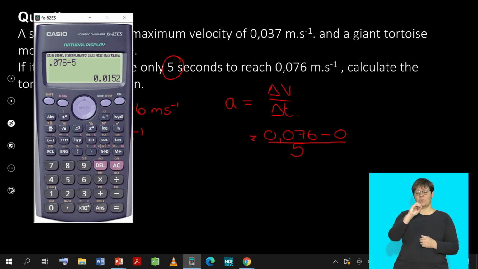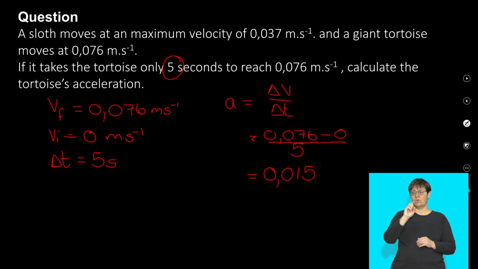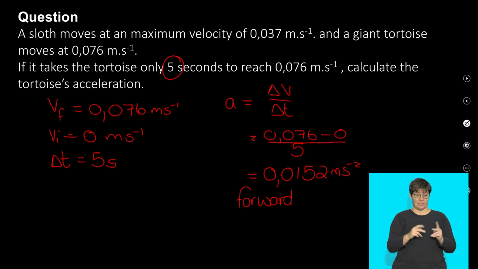And we get 0,0152. I'm just going to keep all of it. And just like before, acceleration is a vector, which means I need a direction, and the tortoise is going to go forward. Okay, it's not so bad.